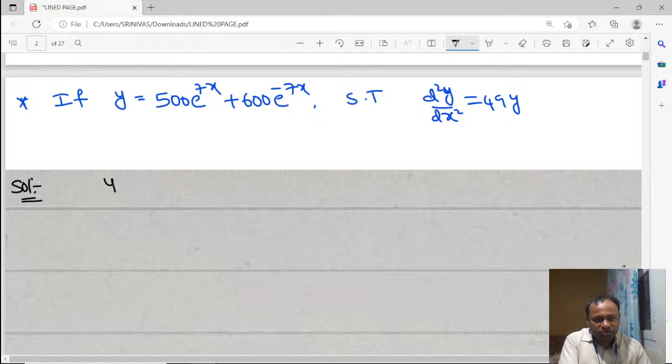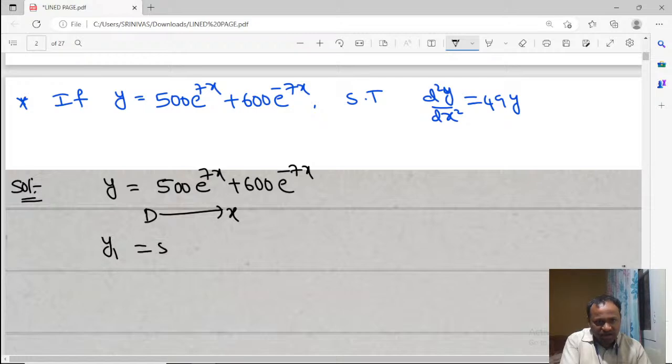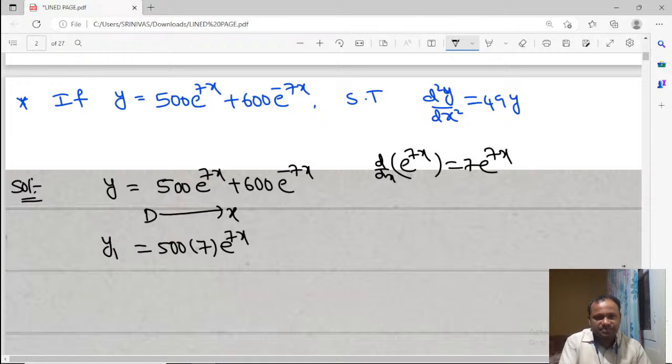So y is equal to 500 e power 7x plus 600 e power minus 7x. Now differentiate with respect to x. y1 is 500 into 7 into e power 7x, because the differentiation of e power 7x is 7 into e power 7x, plus 600 into minus 7 e power minus 7x.